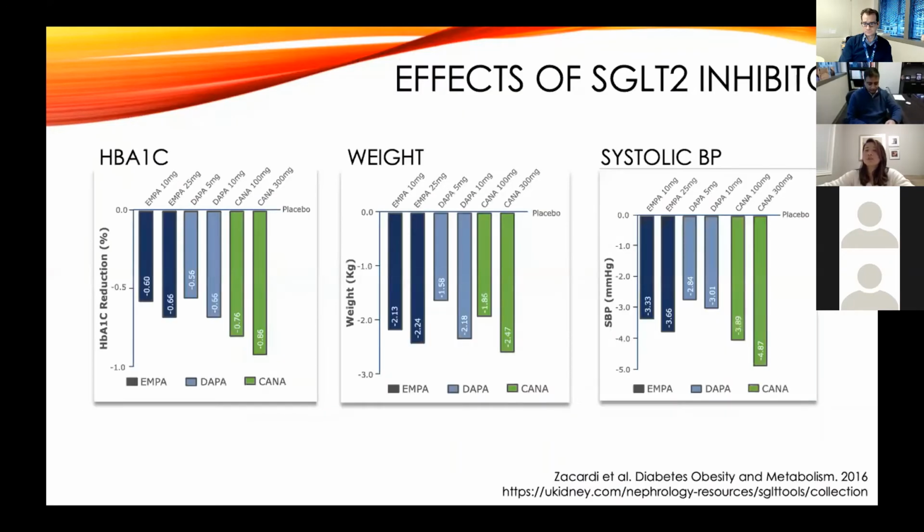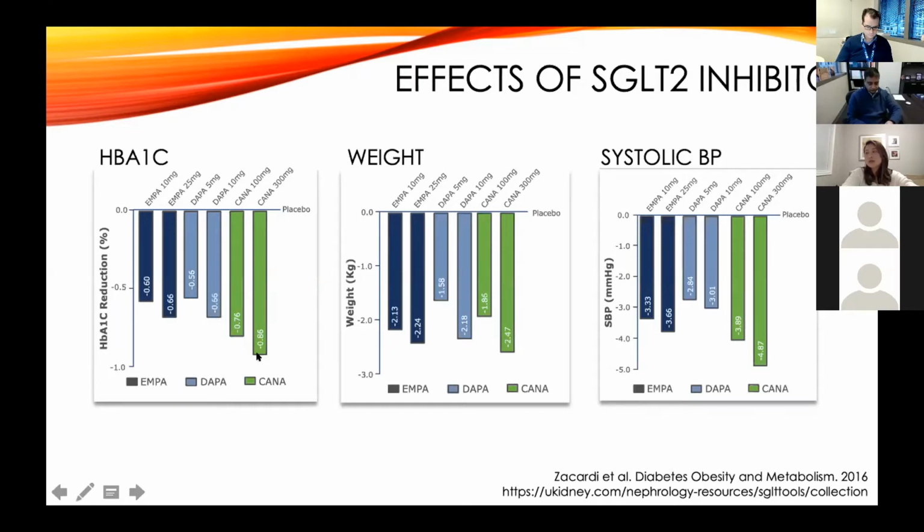So what are the benefits of SGLT2 inhibitors in diabetic kidney disease? In patients with preserved renal function, SGLT2 inhibitor-induced glucosuria leads to a hemoglobin A1C reduction of about 0.6 to 0.9%.